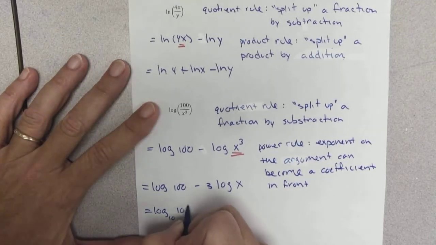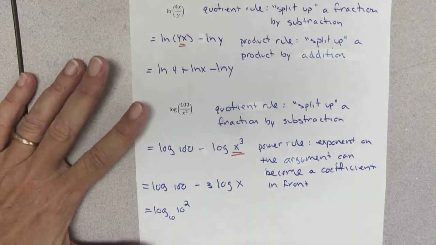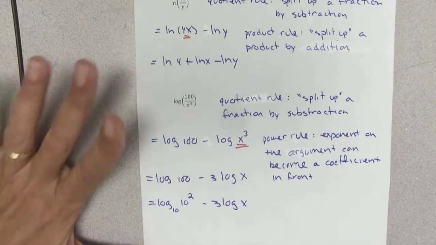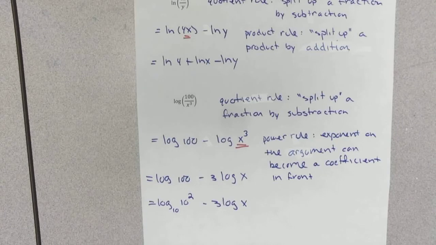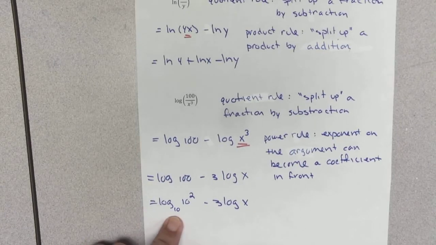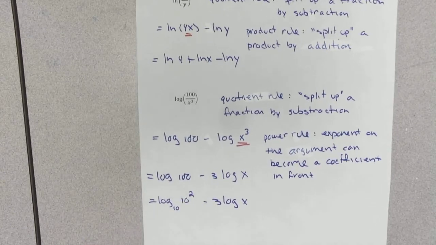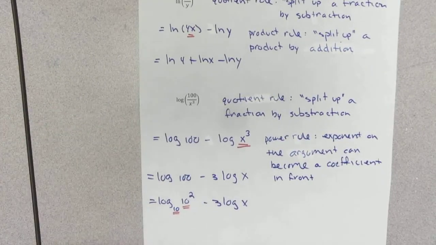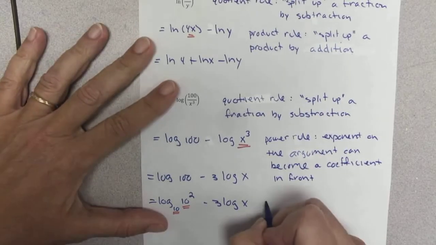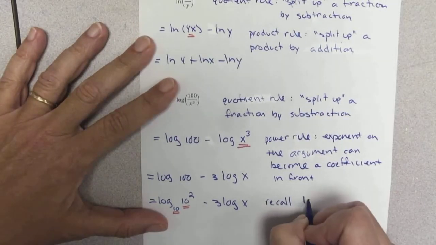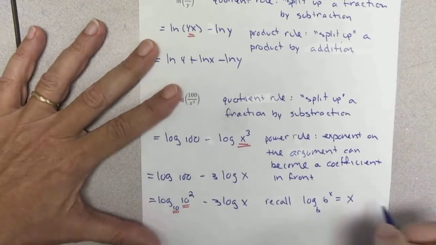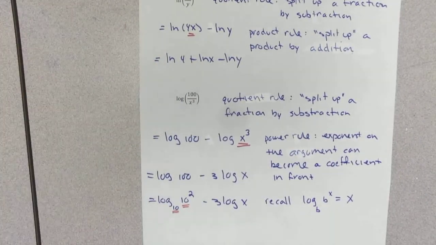And then that 100 is the same thing as 10 squared. And so I really didn't use a rule here. I just made some observations. If a base is not written, it's understood to be 10, and 100 is 10 squared. And now we have those matching bases, and we can recall this property that log base b of b to the x, because they are inverses, they quote-unquote cancel, undo each other.